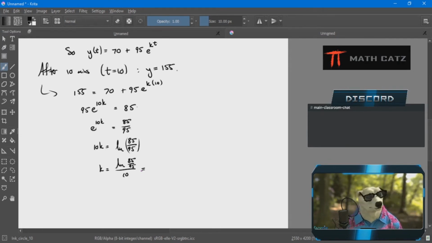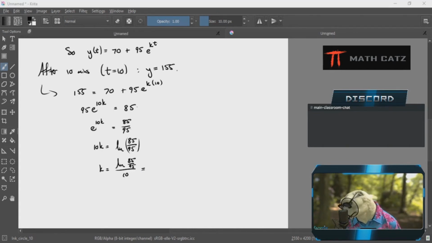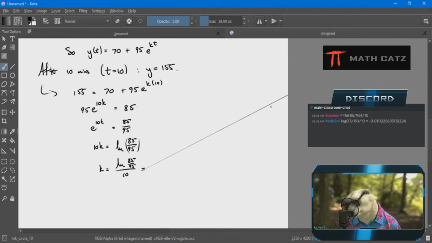Let us see. We'll ask MathBot for some help. Oopsie. And as I suspected, it is negative 0.01112, let's say, if I go 4 significant digits.